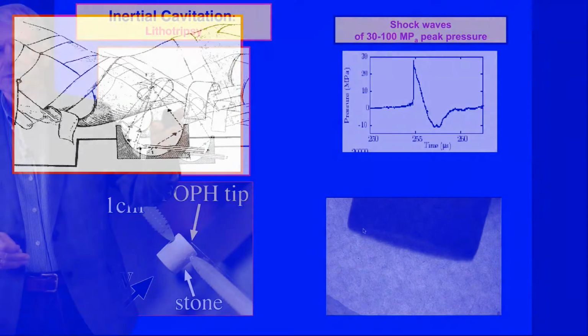Now, a particular prototypical example of the application of cavitation in the field of medicine is extracorporeal shockwave lithotripsy. So in this particular case, you have in the original Dornier human machine, the HM3, a shockwave generated. This causes a collapsing shockwave on a stone in the middle of the kidney.